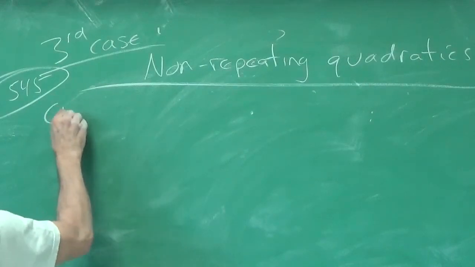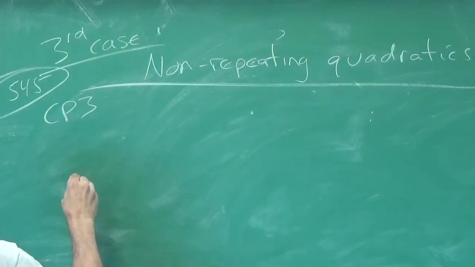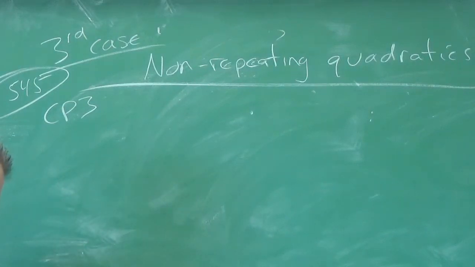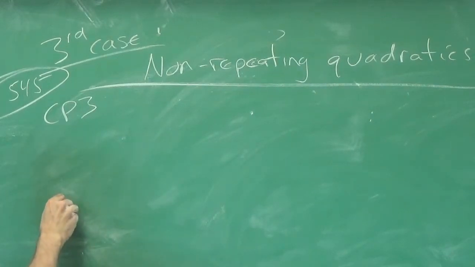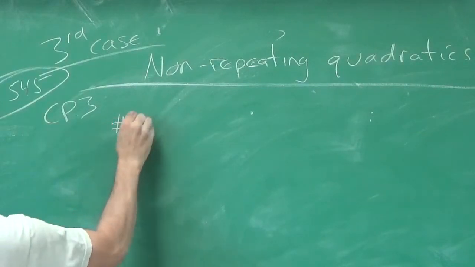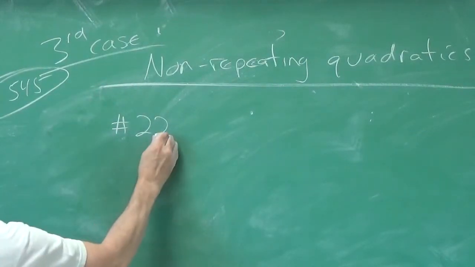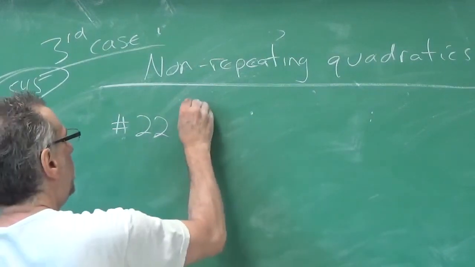So let's look at checkpoint 3. Non-repeating quadratics. Let's look at number 22 on page 550.